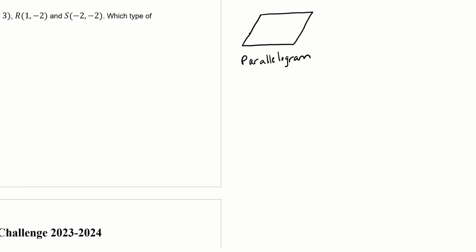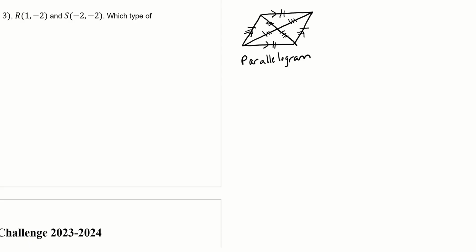For something to be a parallelogram, we know that the opposite sides have to be congruent. We know that the opposite sides have to be parallel by definition, and we know that the opposite angles are congruent, things like that. But we also know that the diagonals are not the same length, but they do cut each other in half.